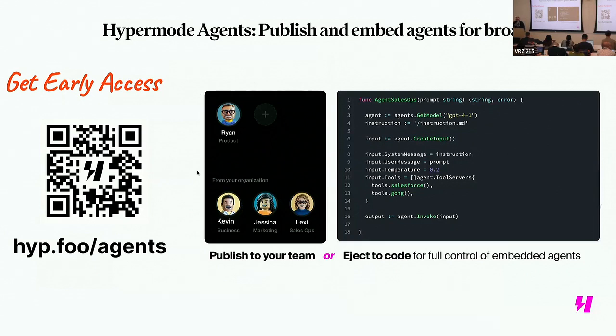So all of the things that we looked at today are what's underpinning Hypermode agents: knowledge graphs, Modus, and the model router for accessing and switching out models. So it's a low code builder for running and orchestrating our models, eject to code, and run on the Hypermode platform or wherever you're interested in.